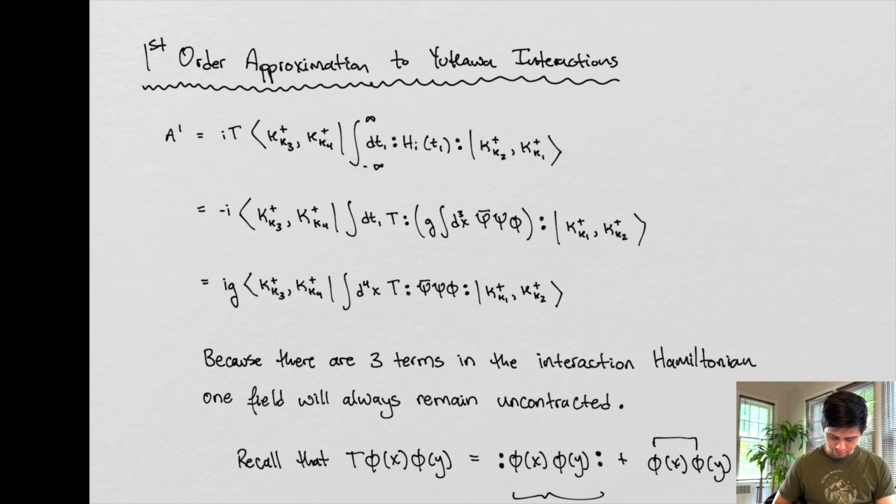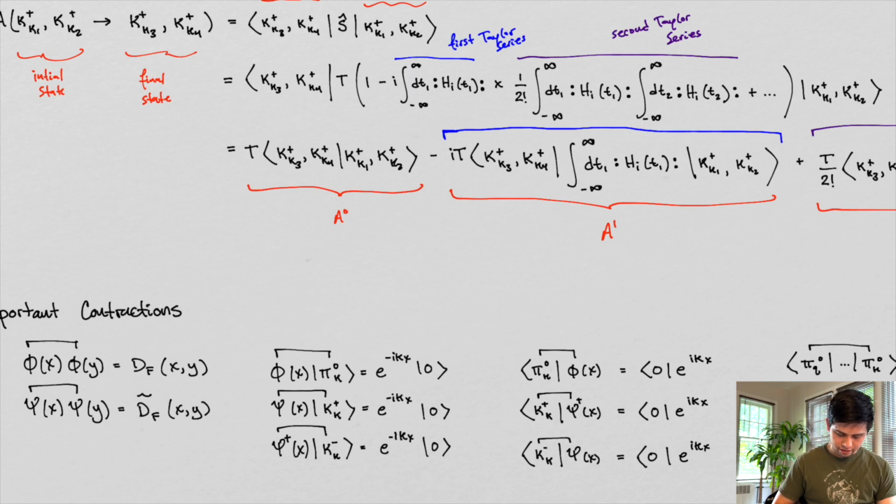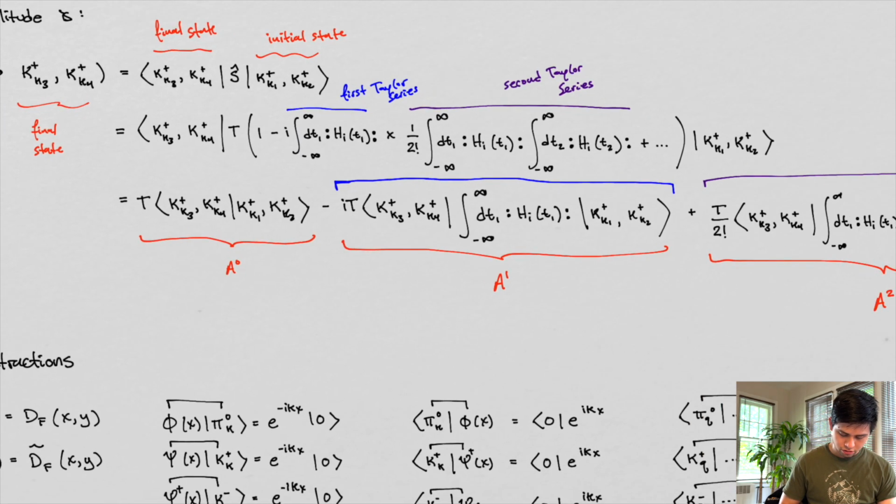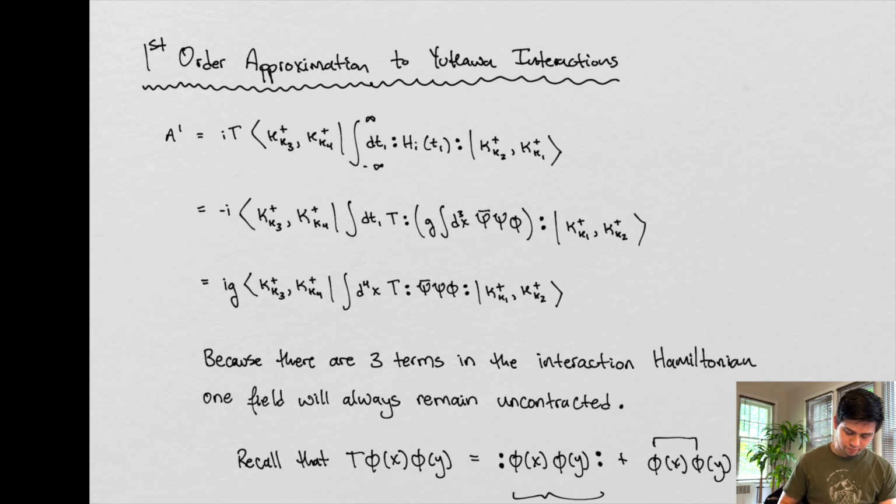So this came from, if we go back here, this is our first term in the interaction. It came from, again, the Dyson series. So if we go back, I just copy pasted it here, and then we take the... let's see here.